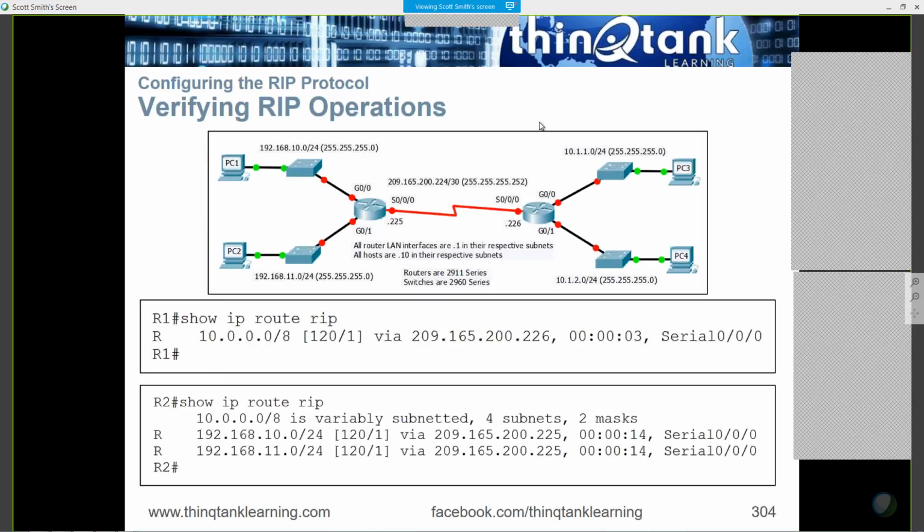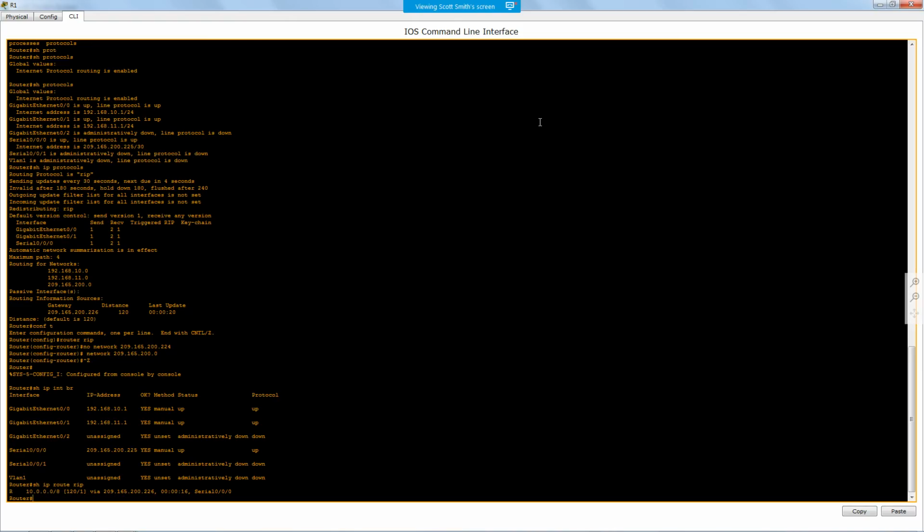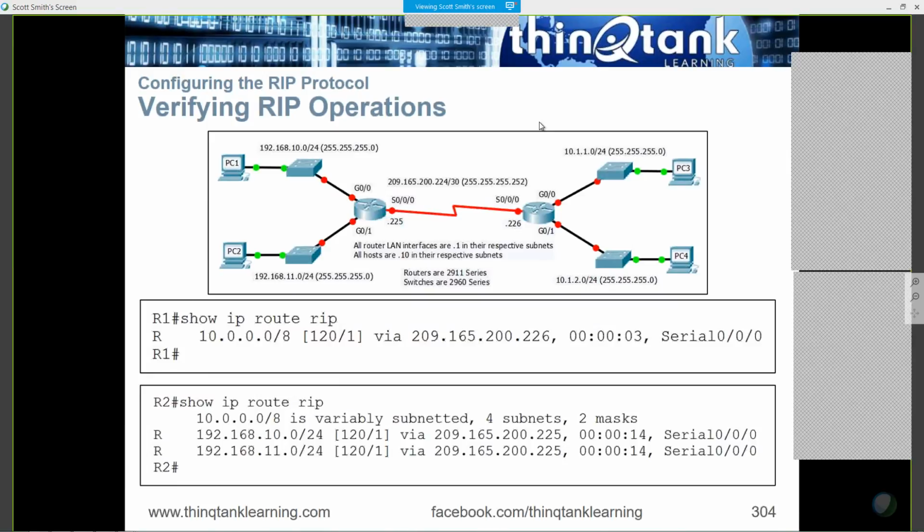What is the via address? 226. Next hop, right? Remember, routing is always about, if you want to get somewhere, where's the next router I have to go to get there? Agreed? So 226 is the next hop. 3 seconds is how long the route has been in the table since the last update.